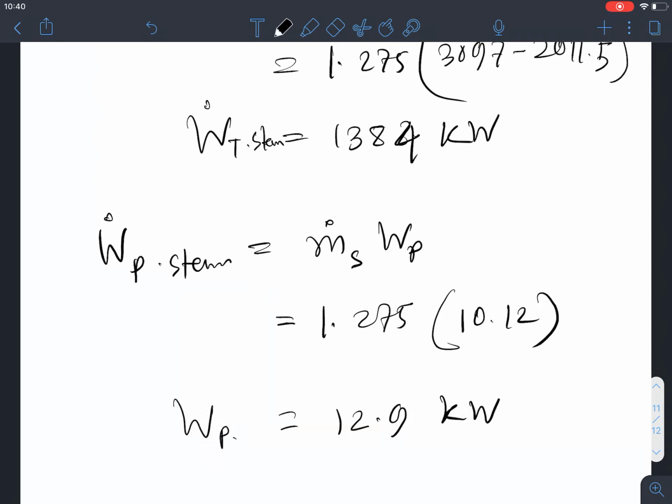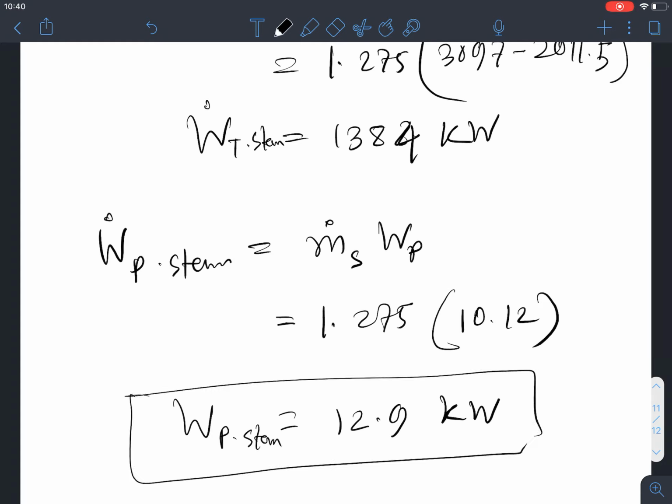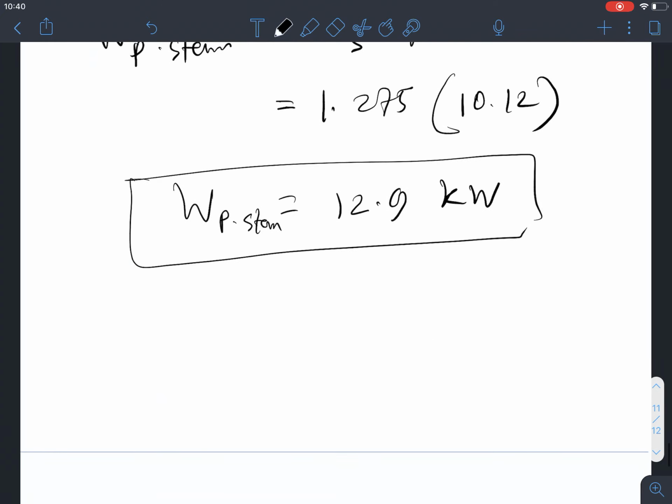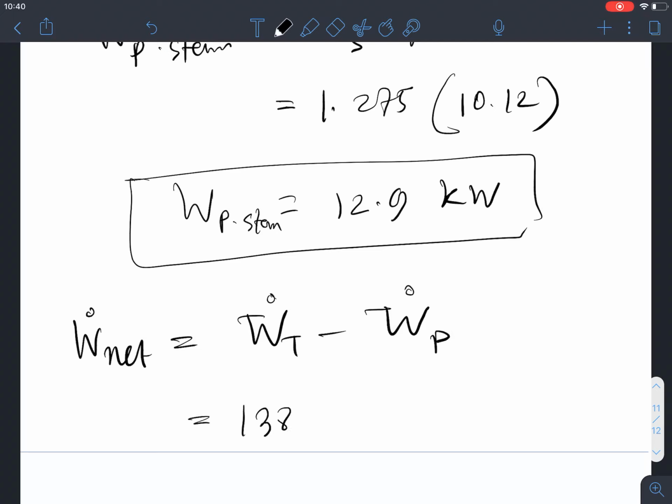So we know W pump and W turbine for this steam cycle as well. So the W net of the steam would be W turbine minus W pump, 1384 minus 12.9, which equals 1371 kilowatt.